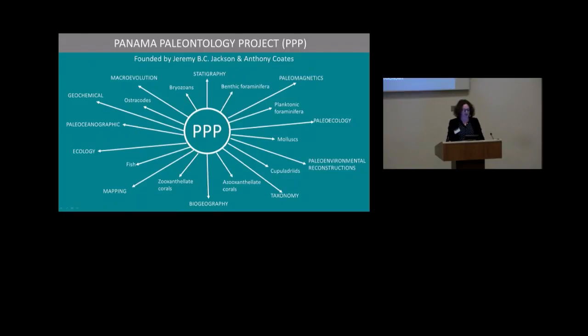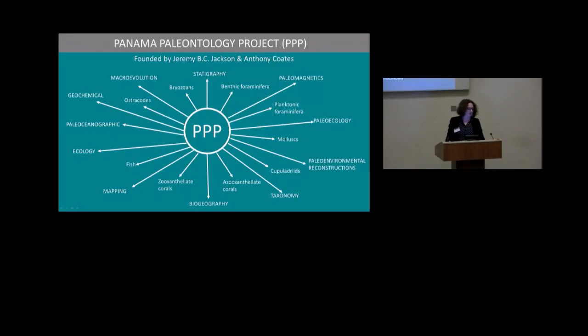within the project thousands of samples have been collected and more than 120 researchers have participated in it, studying the nature, timing, and magnitude of evolutionary events associated with the closure of the Isthmus of Panama.